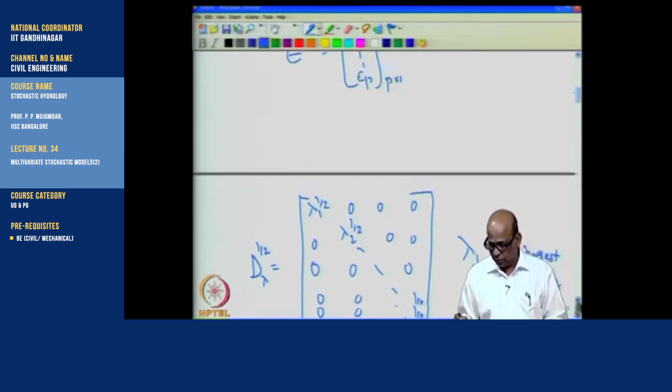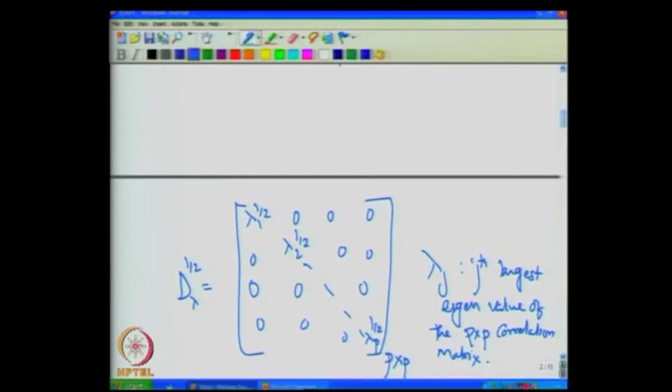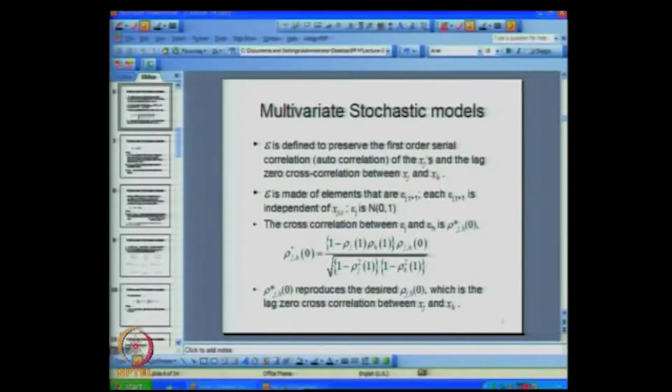That matrix we form as lambda 1 to the power half, lambda 2 to the power half, etcetera, as a diagonal matrix. Only the diagonal elements are filled, all other elements are zeros. This is how we formulate D lambda to the power half. All these values are known, therefore, the D lambda to the power half matrix is completely defined.